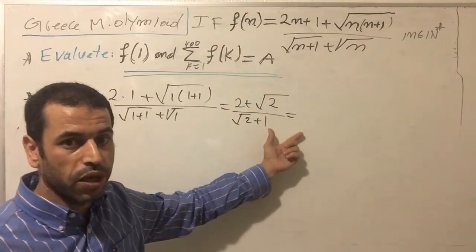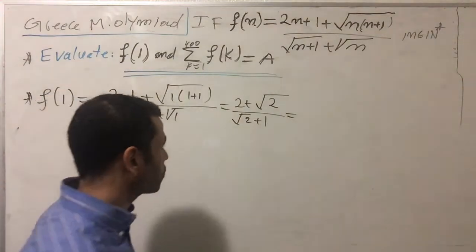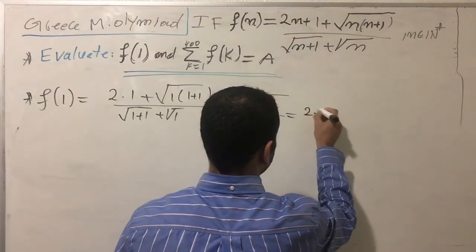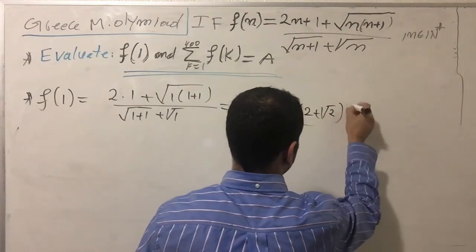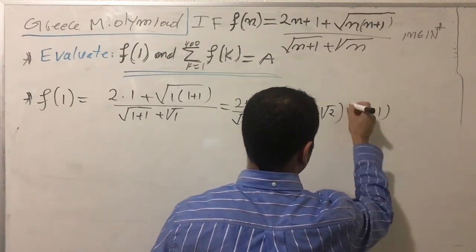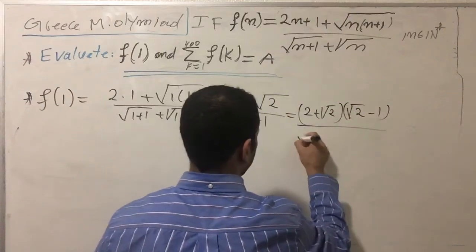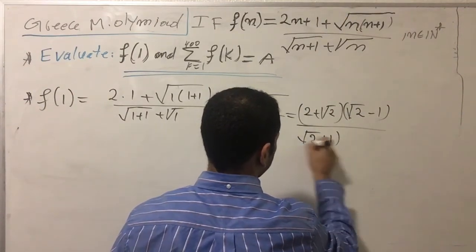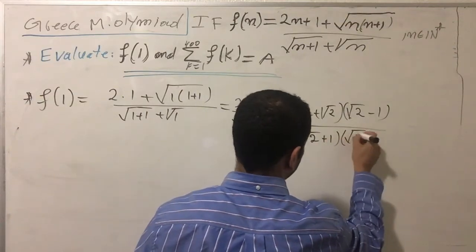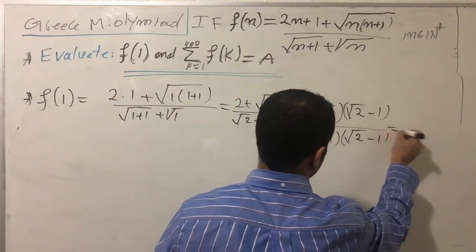By multiplying by the conjugate, we'll have 2 plus square root of 2 multiplied by square root of 2 minus 1, okay? This is the conjugate of this one. So over square root of 2 plus 1 multiplied by square root of 2 minus 1, okay?